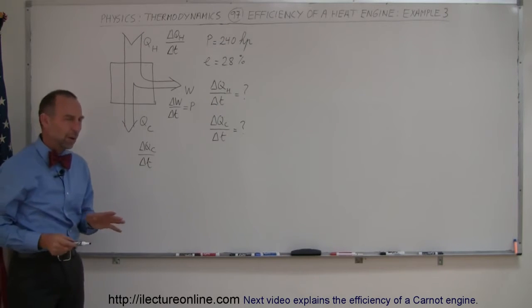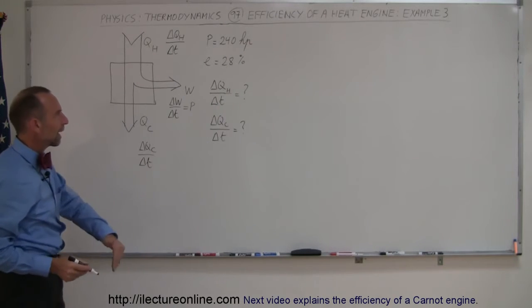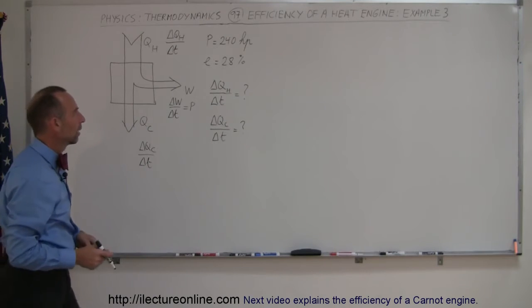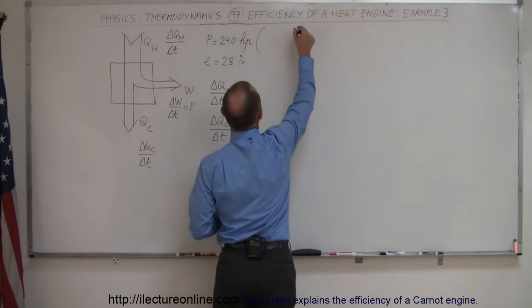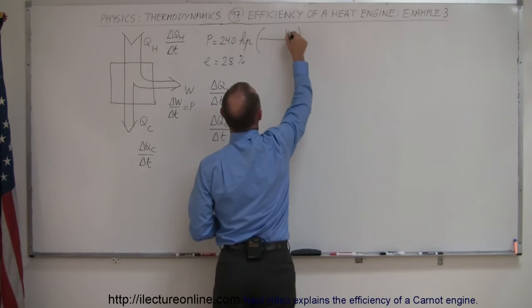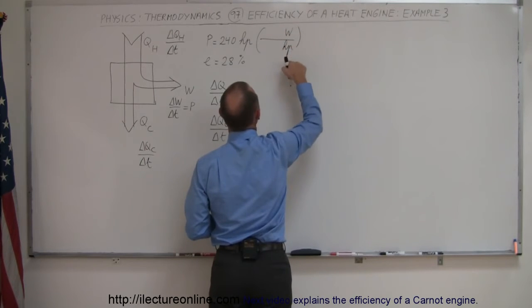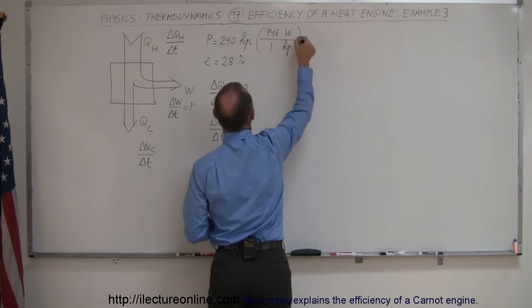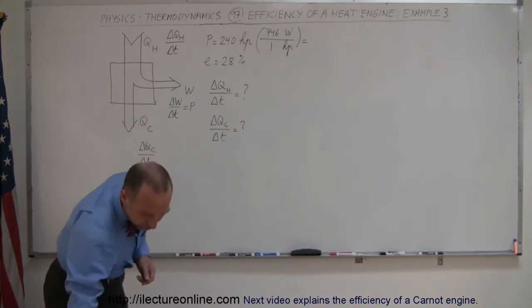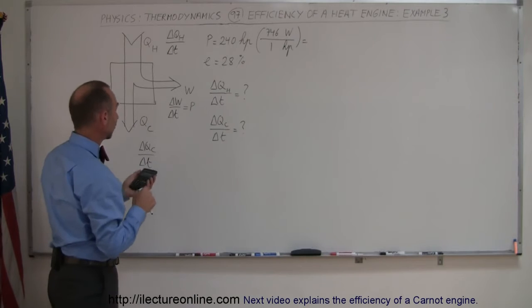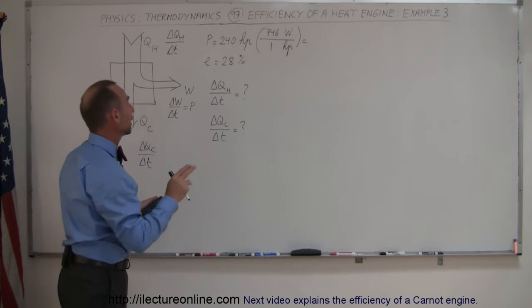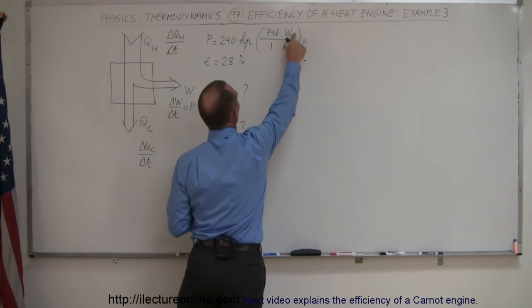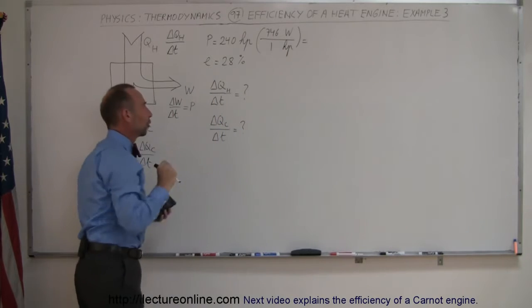However, units of horsepower are not standard units, so let's convert that into watts. We have to use a conversion factor: watts at the top, horsepower on the bottom. 1 horsepower is 746 watts. So the first thing we want to do is convert that into watts. 240, now be careful, don't confuse the unit watts with the W for work.